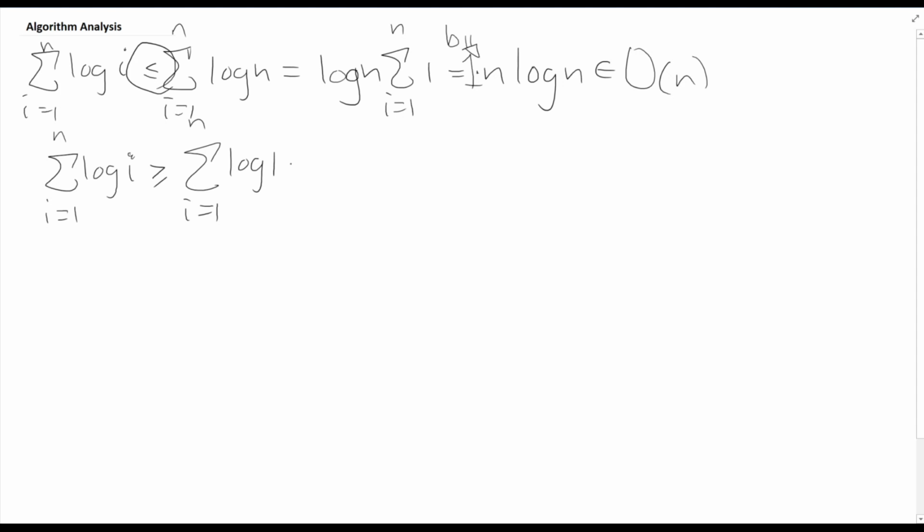All right, now some of us might already see where this is going. Log 1, of course, is also very easy for us to figure out. This is the sum from i equals 1 to n of 0, because log 1 is just 0. Well, the sum of n zeros is 0. So we've said, well, look, I can find a lower bound on this sum. All I've been able to prove here is that this sum is bigger than 0.